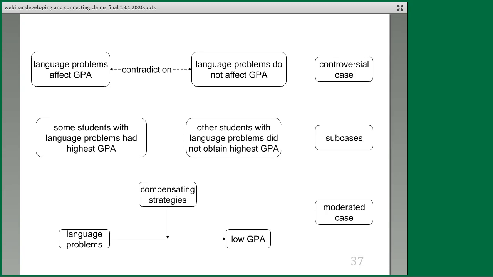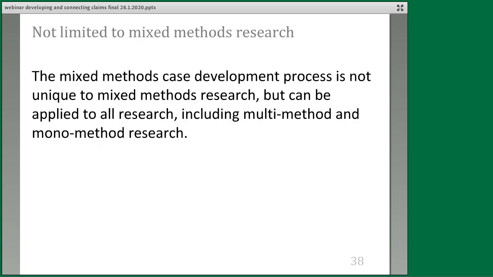It's not your task to explain why a student without language problems, for example, has a low GPA, because that can have many causes. The interesting thing is to find groups like these students with language problems and still a high GPA, who also had these compensating strategies.